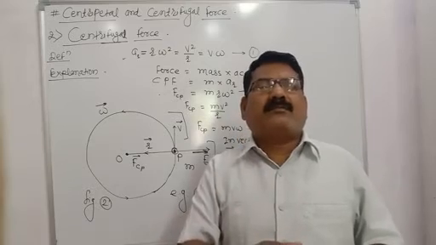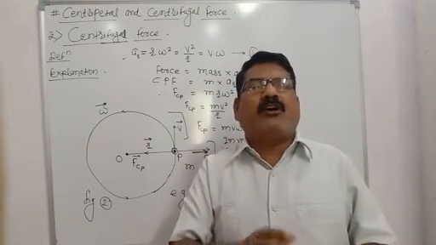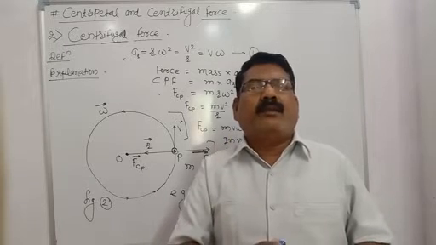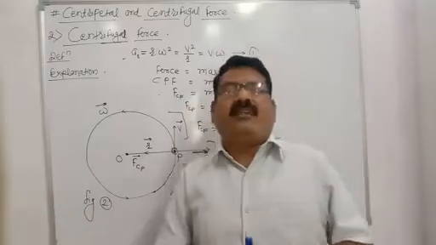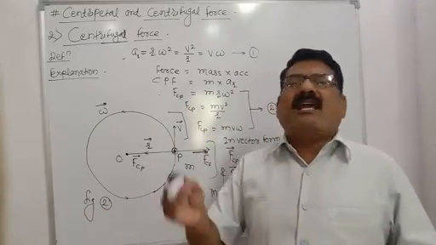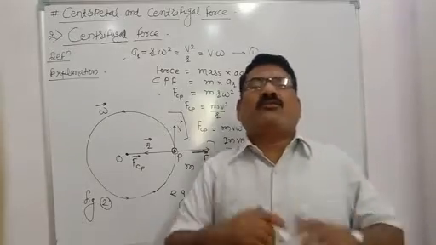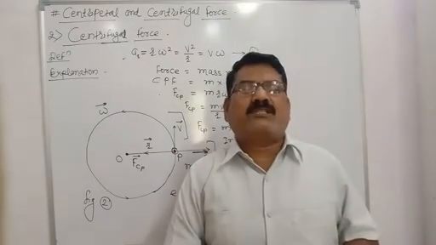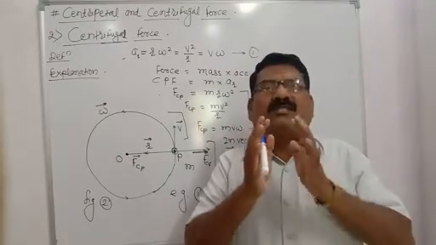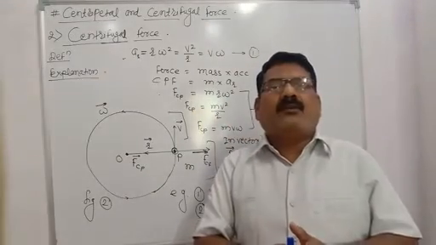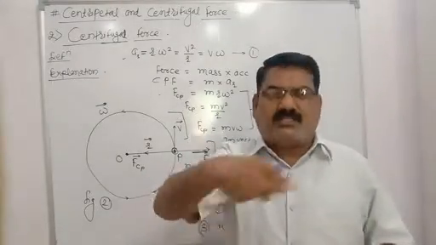Hence a force is produced in the rotating body which is directed away from the center, and that force is known as the centrifugal force. It is also known as a pseudo force, because this force is produced only and only in rotating bodies.